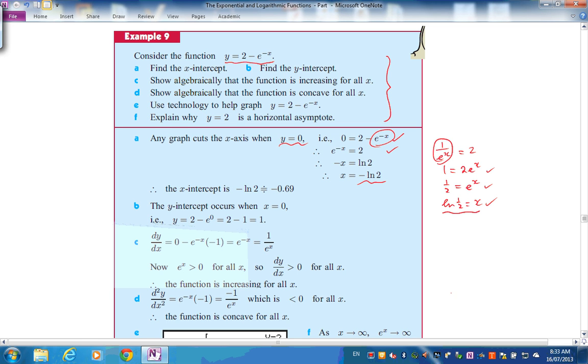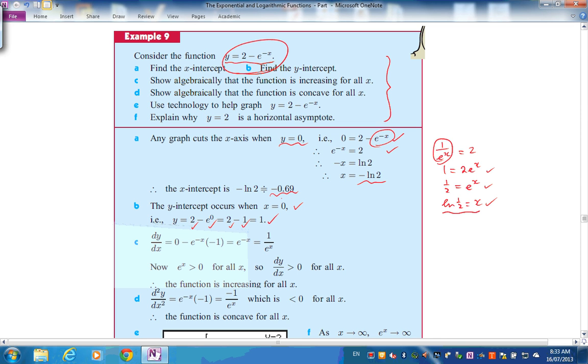But what is the x-intercept then? It'd be ln a half comma 0, or they've gone to decimal form there. Either way. Y-intercept, sub x is 0 back in the function, so it's 2 take e to the 0. E to the 0 is 1, like it is for a to the 0 in general, so it's 1.